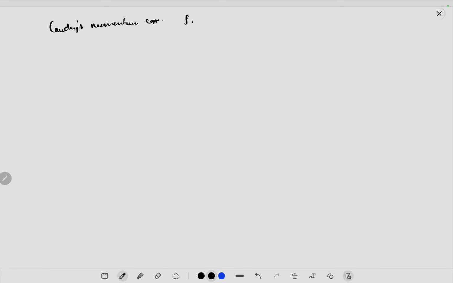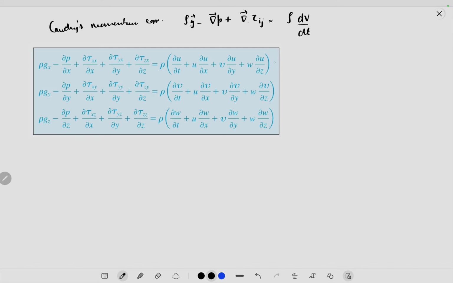So Cauchy's momentum equation was rho g vector minus grad p plus divergence of tau ij is equal to rho dv by dt. Okay, now let me copy paste the results from the book for Cauchy's momentum equation in the three orthogonal axes. So this is the Cauchy momentum equation in the three orthogonal axes x, y and z.